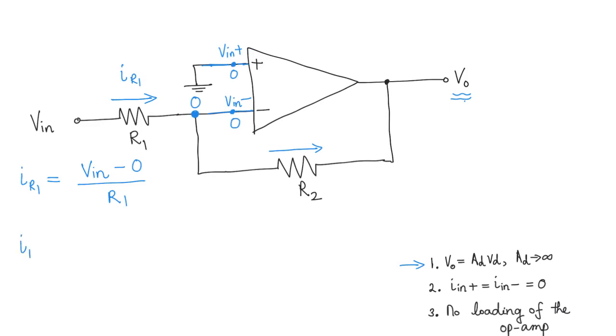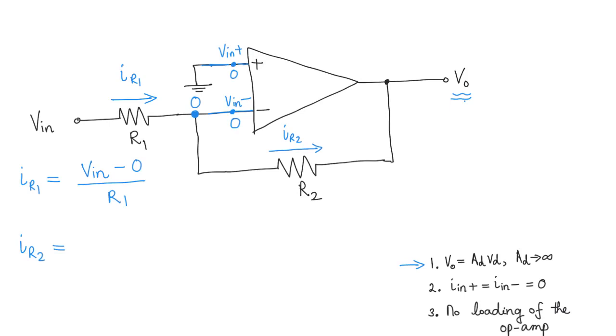Now what is IR2 similarly? The voltage across this resistor is going to be 0 on this side and VO on the other side.